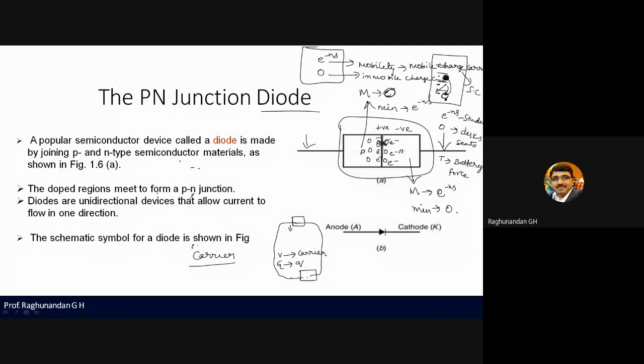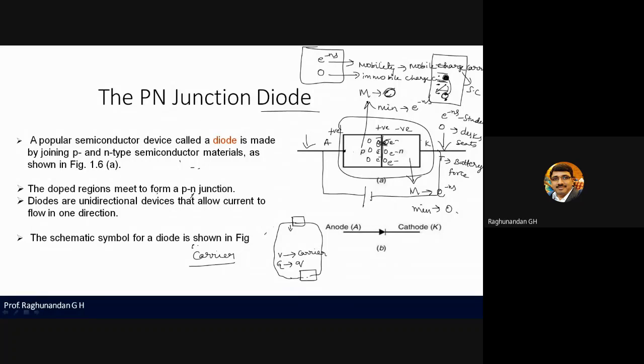But this shifting of electrons will not take place till this end. We need some external supply, some external force to shift this. Right? So what we do is we connect the P, known as anode, and the N terminal, known as cathode.